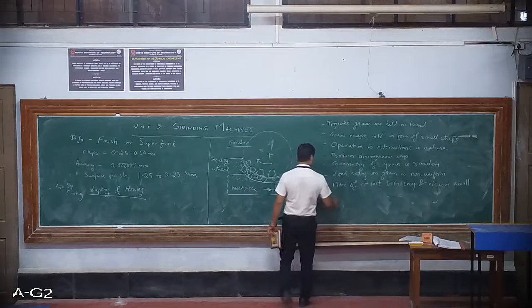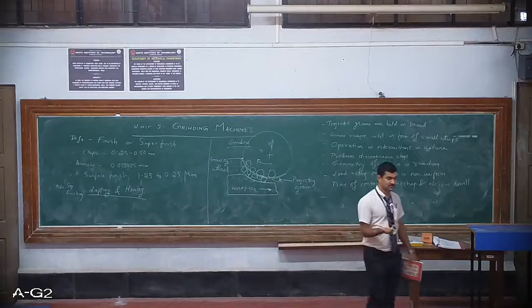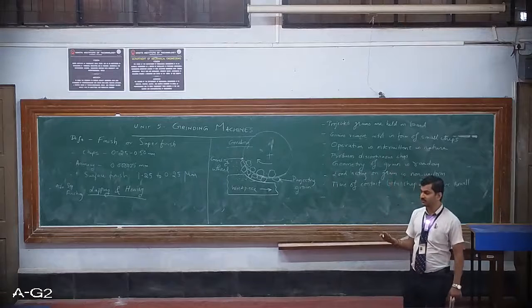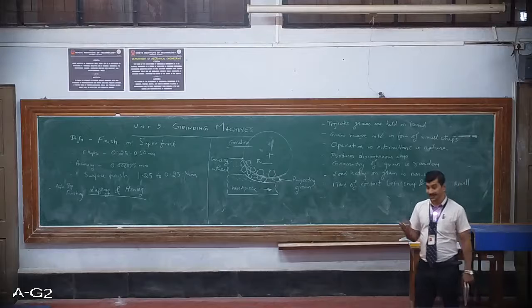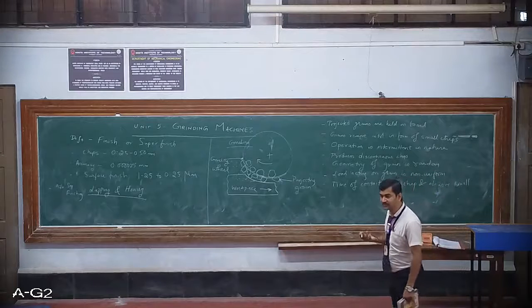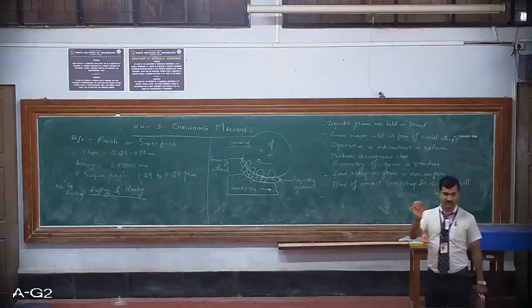Lastly, what about the temperature? If you have seen, again to repeat, during the sharpening of the tool, you remember that sparks are generated. Why are the sparks generated? Because of the extreme high temperature that is prevalent between the work and the tool.